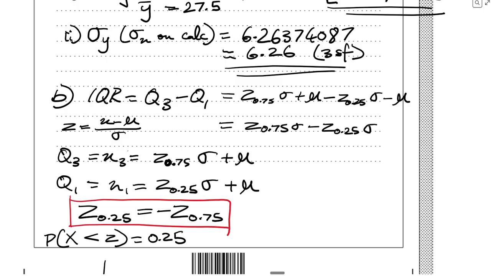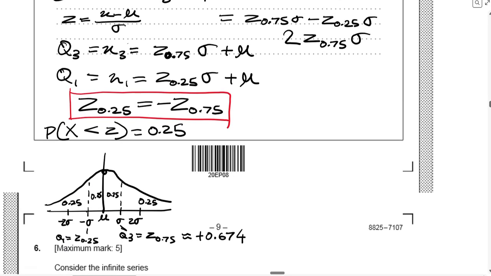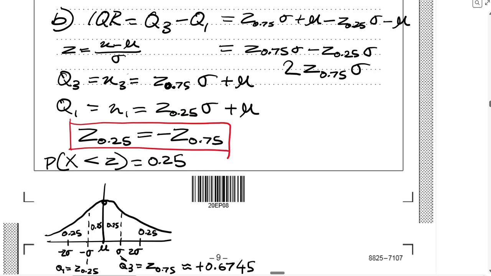Now how do we do that? We use this special equivalency. And what we understand is that this is just negative z 0.75. So what we end up getting is 2 z 0.75 standard deviation. And what we just discussed, we know this, right? 0.674, and I think it's a 5 after.